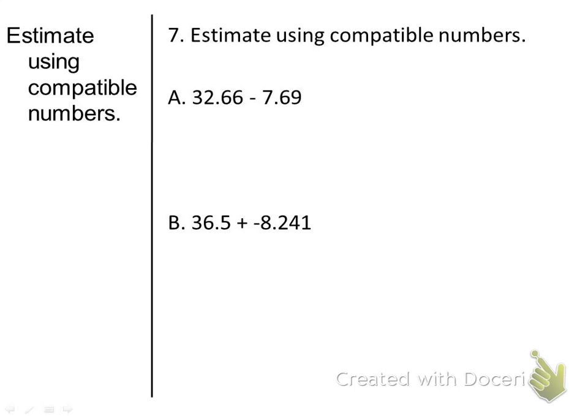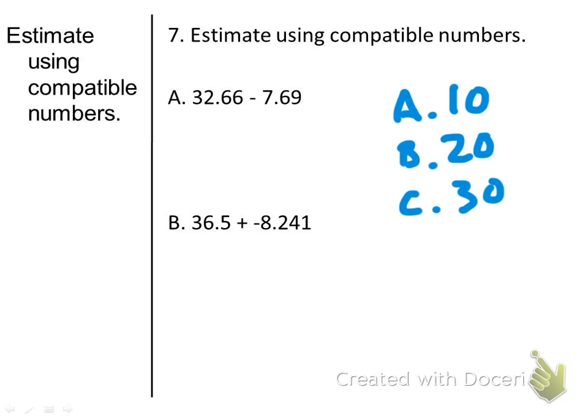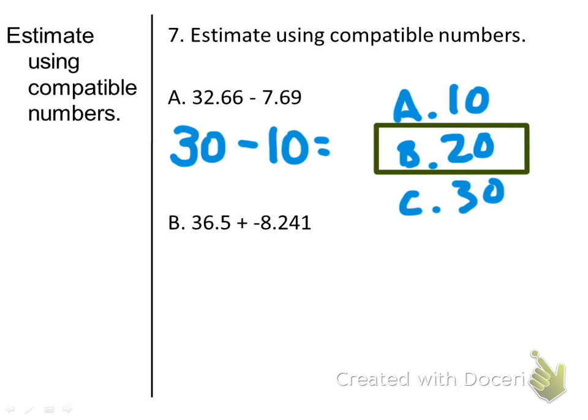Now if this question was on a test, it would have answers like 10, 20, 30. Compatible numbers, they're just trying to get a general estimate. So 32 looks like 30, and 7, is that closer to 5 or 10? Well, we're going to say it's closer to 10 today. So 30 minus 10 equals 20. So the correct answer would be 20.